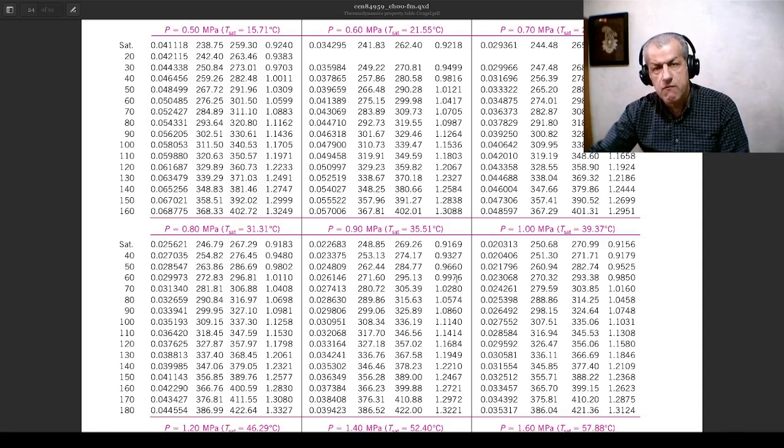I think we wouldn't have anything more than a degree centigrade difference between these two points.